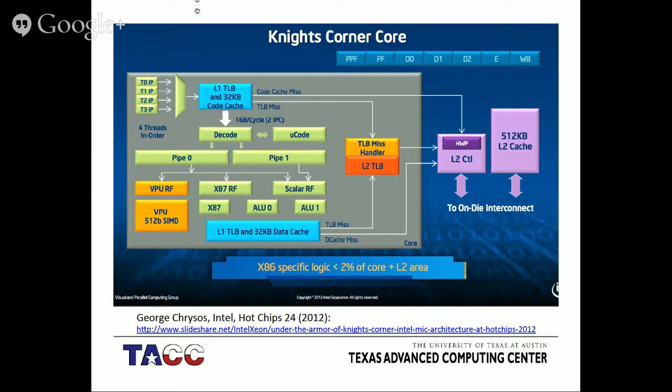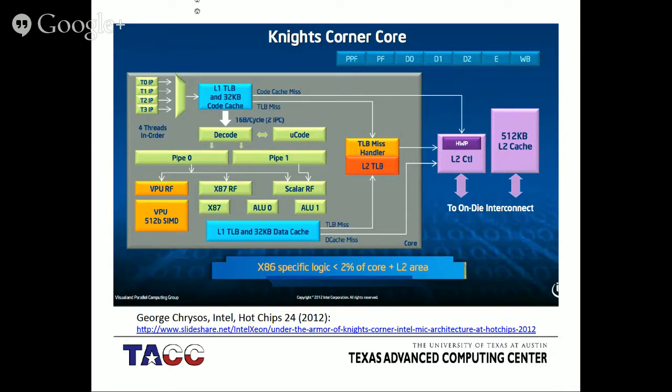But here you have to keep in mind that you can use up to 4 threads on each core, and you need at least 2 threads to get to the theoretical peak so that you can issue one of these vector instructions every cycle. And that is basically what you want to do to get the best performance.